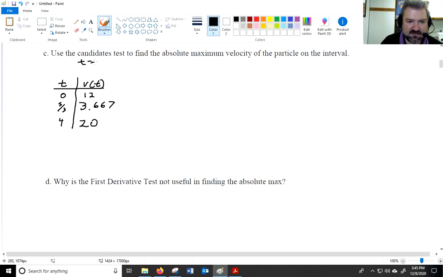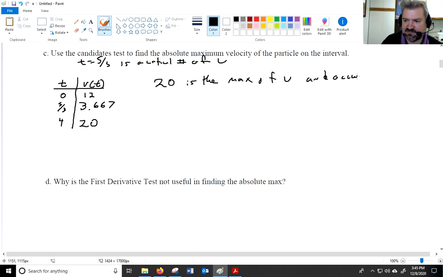So t equals 5/3 is a critical number of v. So we can conclude that 20 is the max of v, and it occurs at t equals 4. Very easy to use the candidates test.